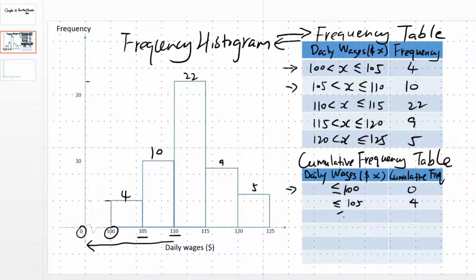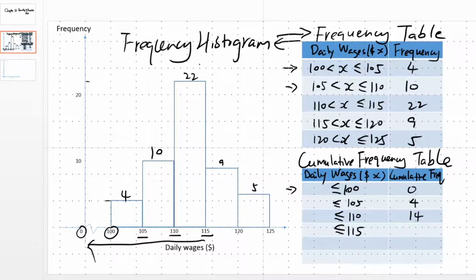So the range will be smaller than 110, and you can actually see below or to the left of 110 you have 14 of them, right? So similarly, the next range you should be looking at is 115 and below, all the way to the beginning. So it's smaller or equal to 115.